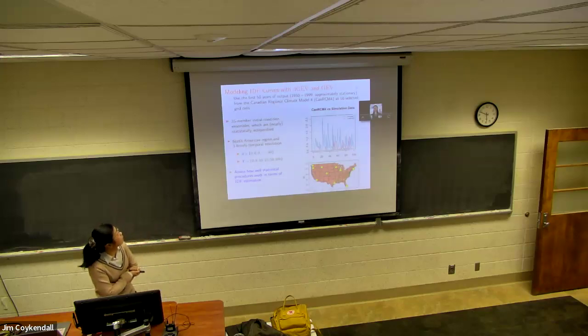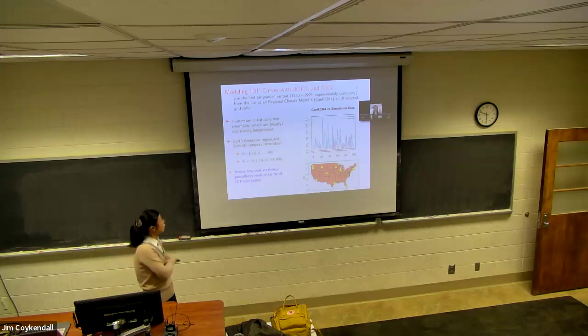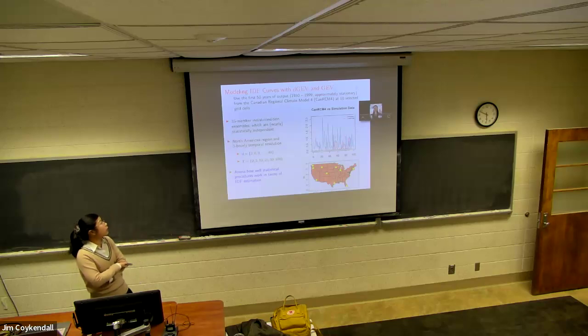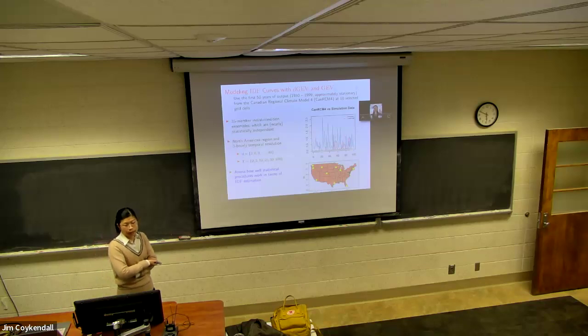So then later we apply the model to a more realistic simulation data, which is the CanRCM4 data. Here we only use the first 50 years of output. The reason we prefer this CanRCM4 data is that it first contains 35-member initial condition ensembles, and all of those ensembles are nearly statistically independent.